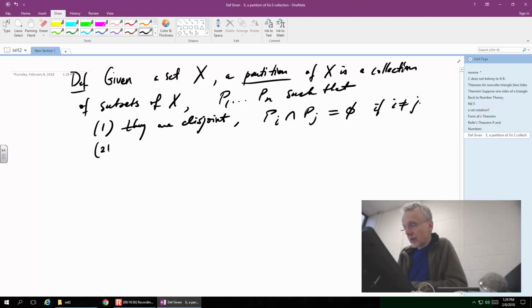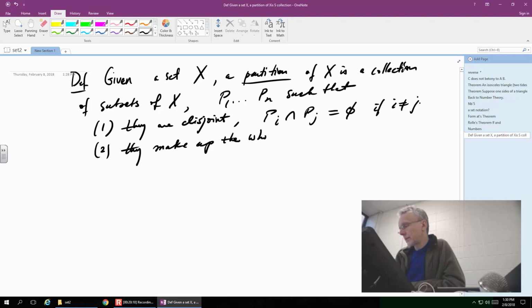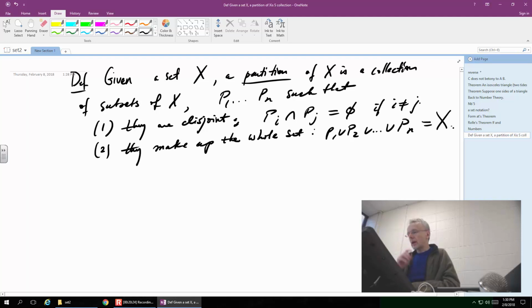In the first example, the first condition is that they cannot intersect. Second, they make up the whole space. They make up the whole set, that is X. So P1 union P2 ... Pn is equal to X. Certainly you can divide in a number of ways, partition.